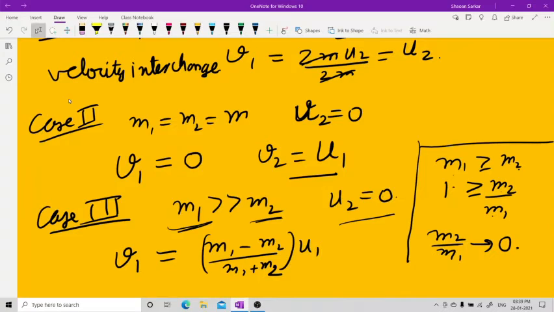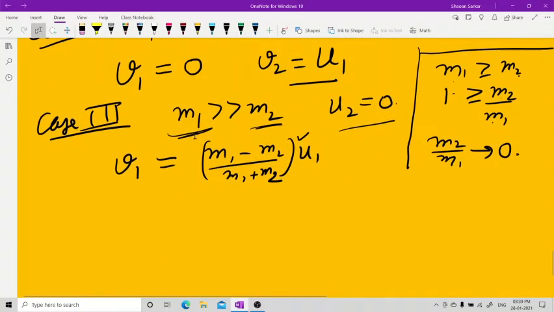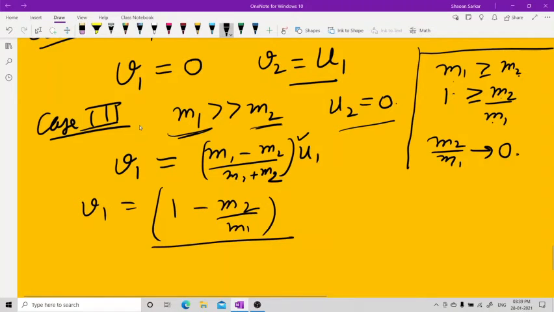What I'll do here, I'll divide this expression up in the numerator and denominator by M1. Now see what happens. V1 is equal to 1 minus M2 by M1 upon 1 plus M2 by M1, and then you have U1.